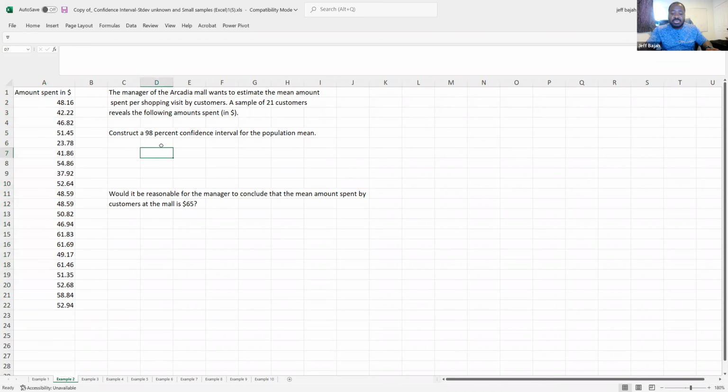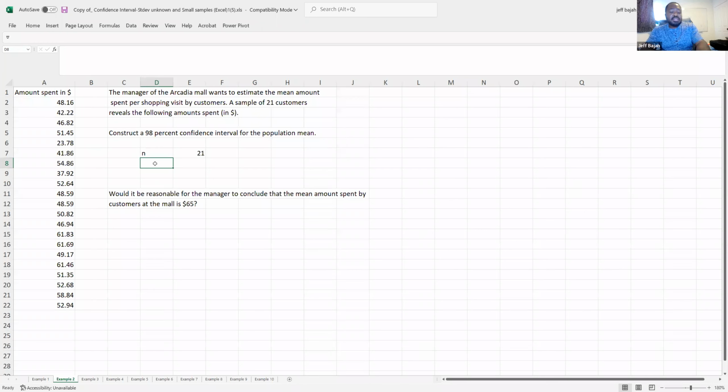So the first thing we're going to do is find the sample size. Now I told you it's 21, but what if you're not given it? Well, you can easily use the count formula, and that helps you count and tells you how many people you have, which is 21.